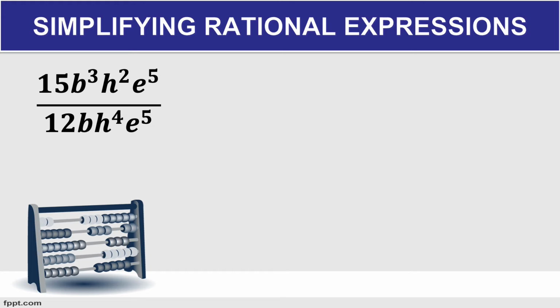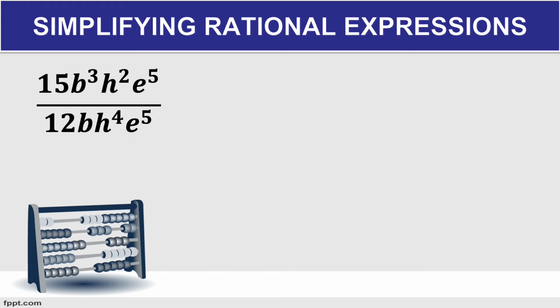Next example. 15b cubed h squared e raised to 5 over 12bh raised to 4 e raised to 5. I-factor natin ngayon yung number, ito yung 15 and 12. Okay? So, yung factors natin, iisip tayo ng factors nila na meron tayong maka-cancel out.